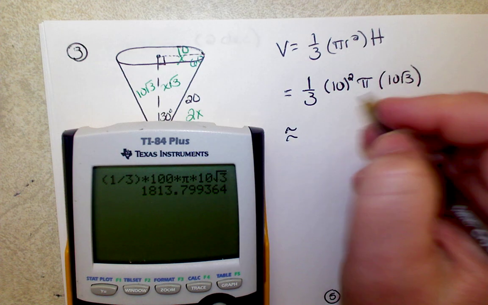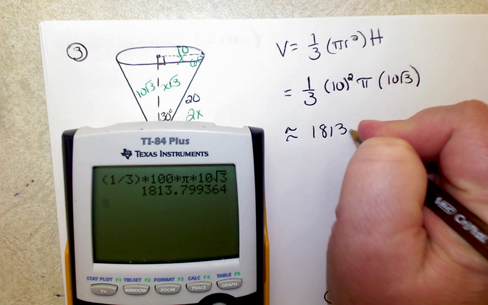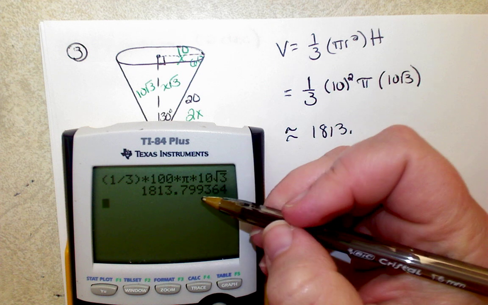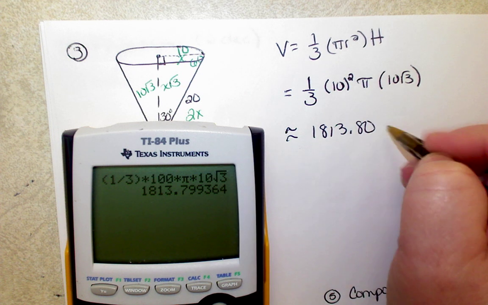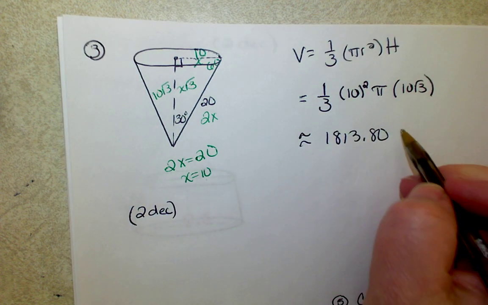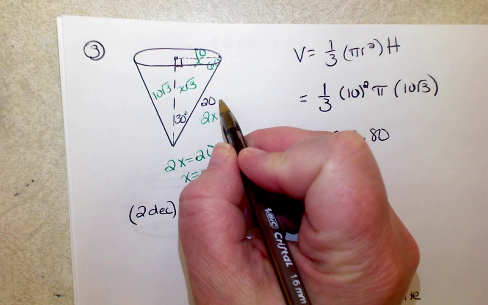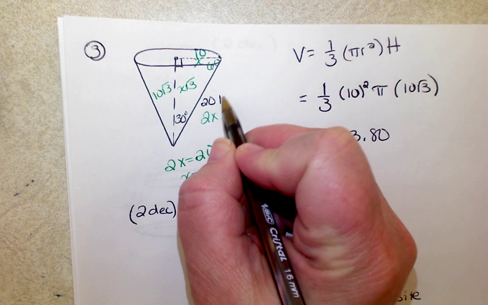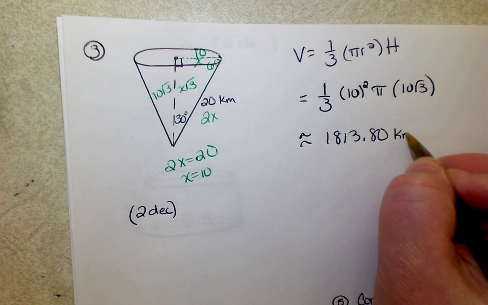And rounding it to 2 decimals, we get 1813.80. All right, let's say, what's something we haven't used in a while? Let's do kilometers cubed.